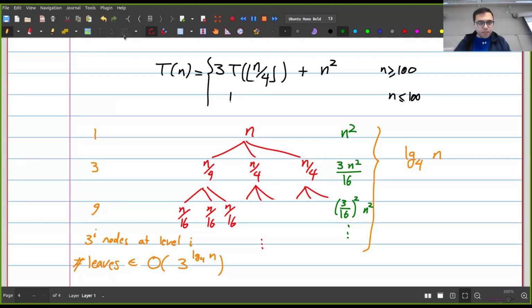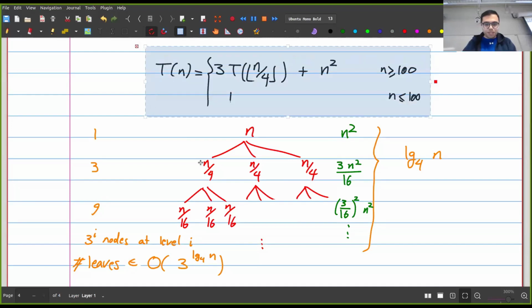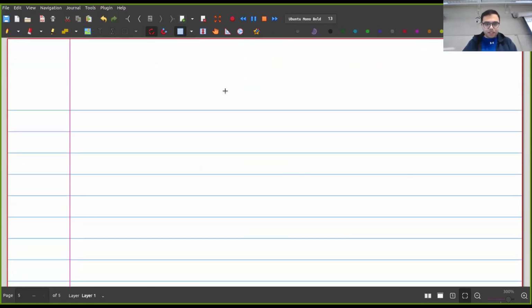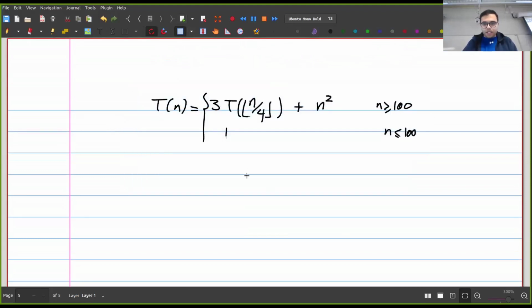So let me actually copy this and let's try to do a non-sloppy tree-based analysis that would already be a proof and wouldn't need us to go back and do an induction. Okay, so here's what I'm going to say. I'm working with any value of n now. So I have an instance of size n, and it's going to be divided into 3 instances of size floor of n over 4.